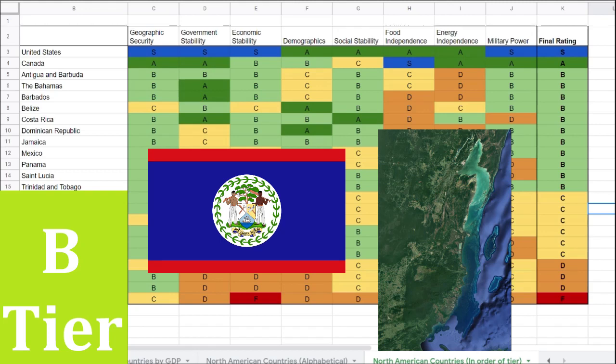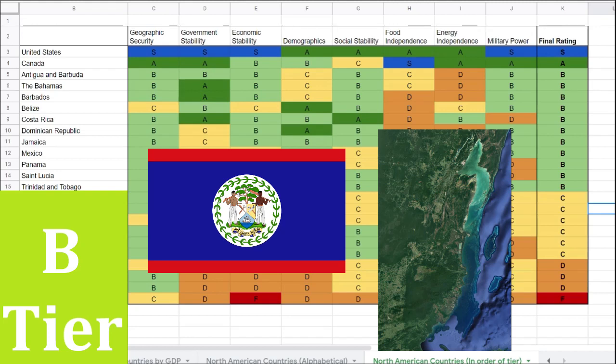Okay, on to food independence for Belize. That is D tier. They import most of their food. Okay, energy independence. C. They're actually heavily a net oil importer, but offshore oil was recently discovered. And keep in mind, C is more of a wild card category than an actual ranking.